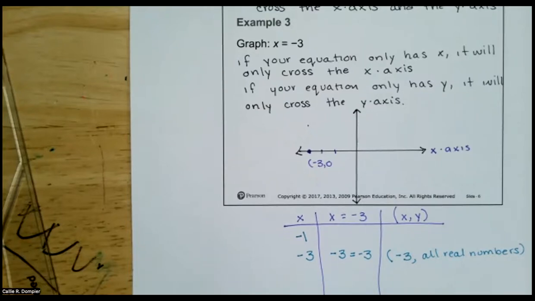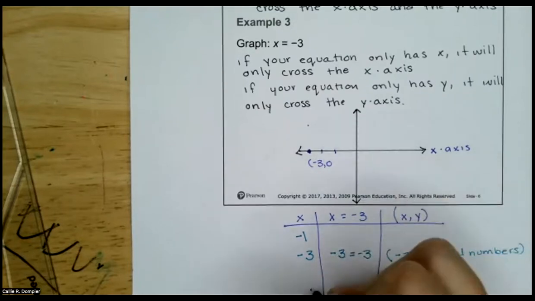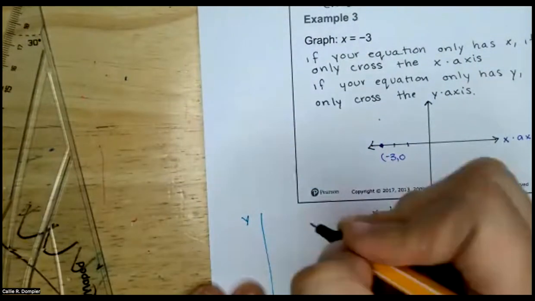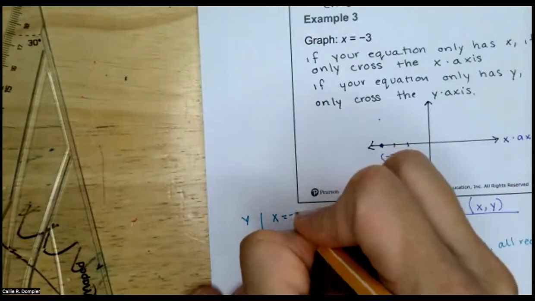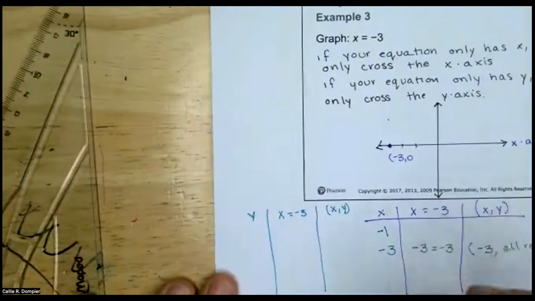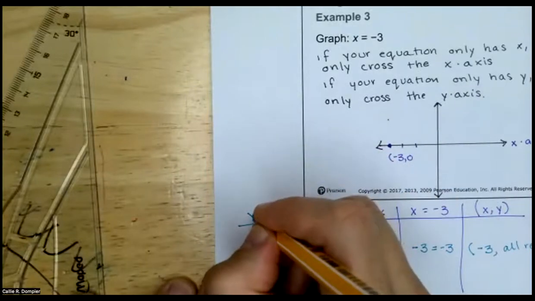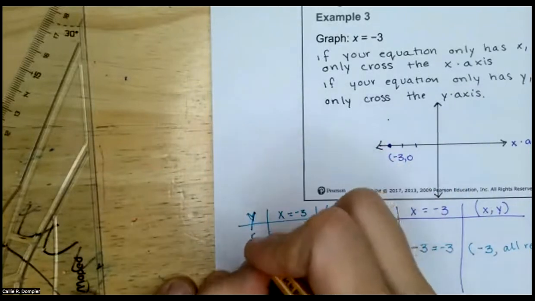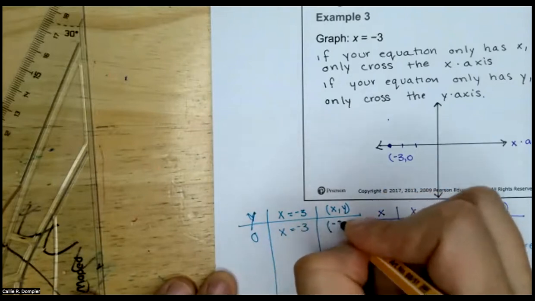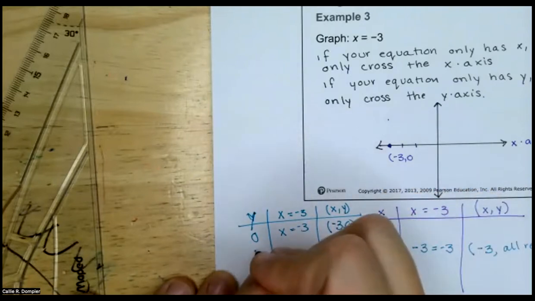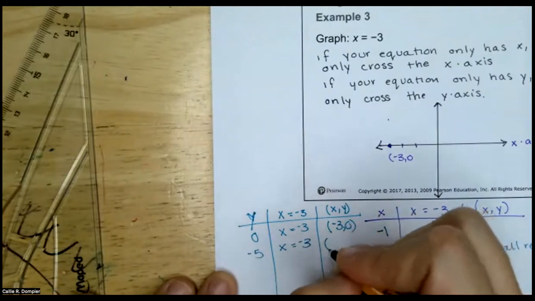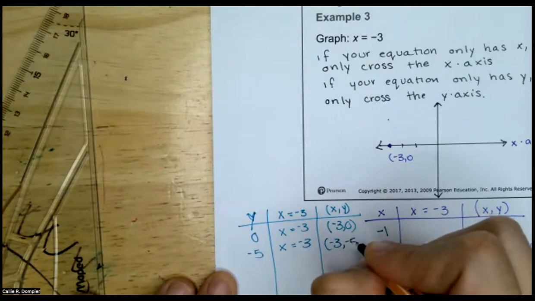It's just I only have X values. When Y is, ooh, I can make a Y table. That'll be more clear, right? X is -3. What are my X and Y? So I'll make a Y table when Y is 0. X is -3, so my point is -3, 0. When Y is -5, X is -3, so it's -3, -5.